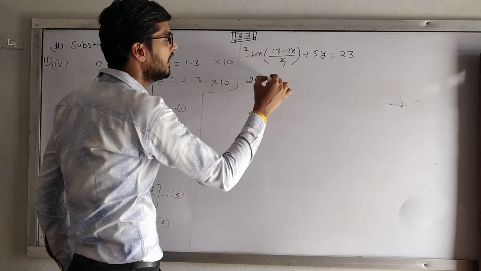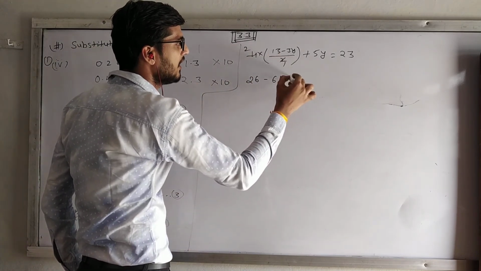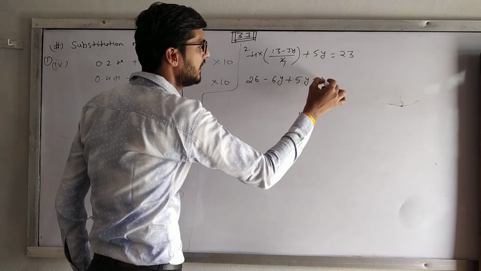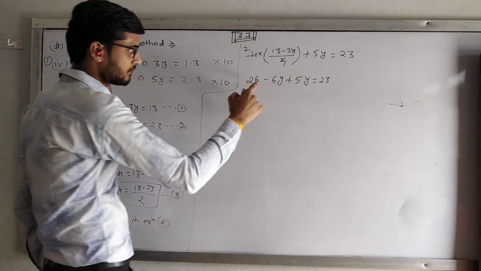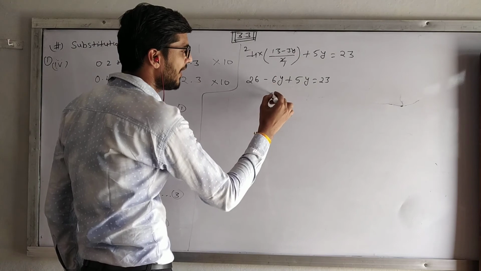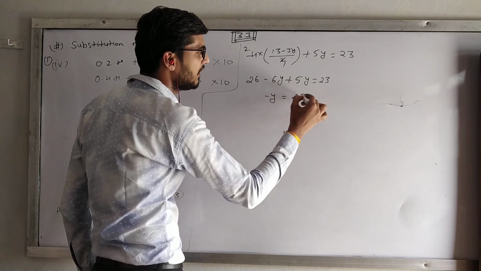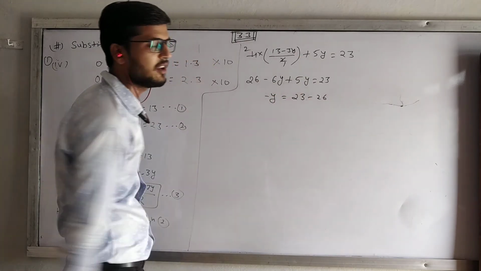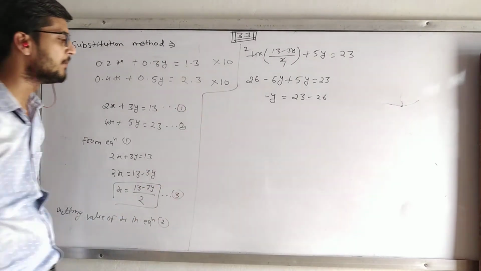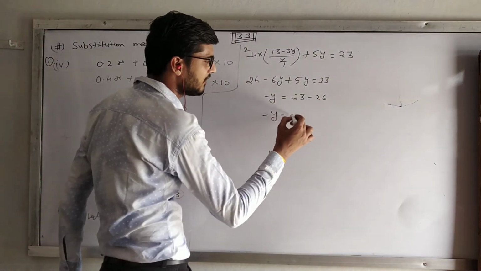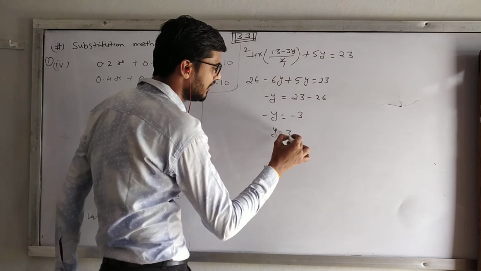Now 2 multiply 3y we get 6y, plus 5y equals 23. So minus 6y plus 5y we get minus y, and 23 minus this 26 we shift to the RHS. So minus y equals minus 3, which means y equals 3.